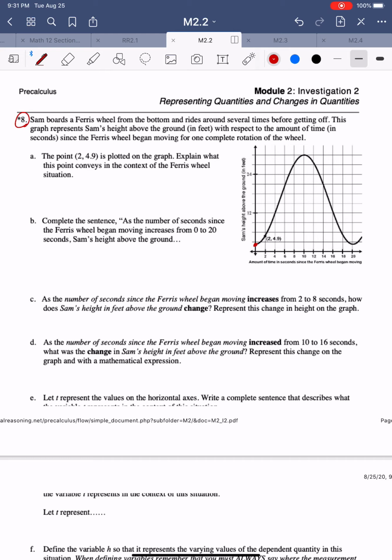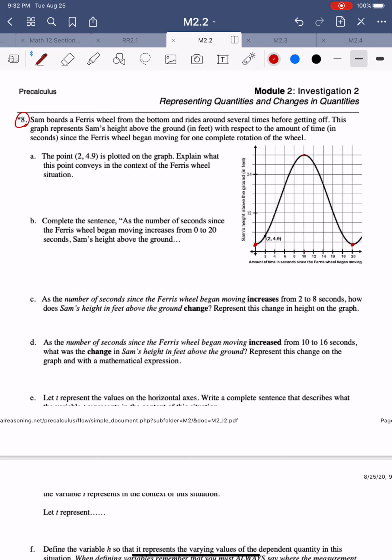So the person is above the ground, and then as time goes by, at about 10 seconds the Ferris wheel went to the top place, which is where Sam's height from the ground is the highest, and then another 10 seconds and it comes back down to the lowest place from the ground, okay, on the Ferris wheel.